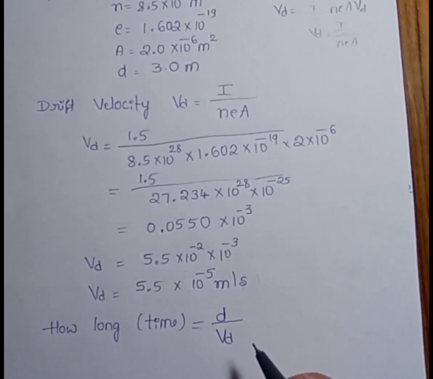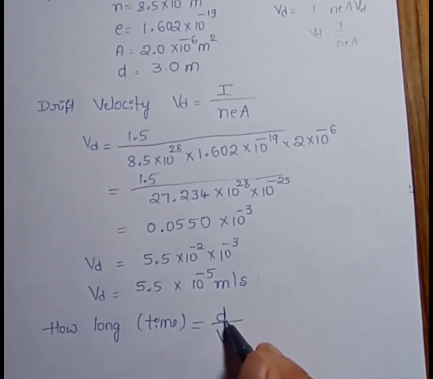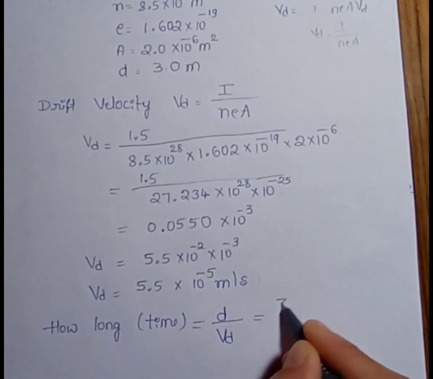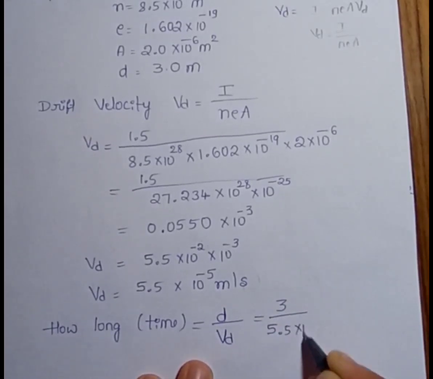How long, meaning what we have to find out? The value of time. We know time is equal to distance divided by velocity, that is drift velocity Vd. They already gave the distance d equal to 3 meter, divided by 5.5 into 10 to the power of minus 5.